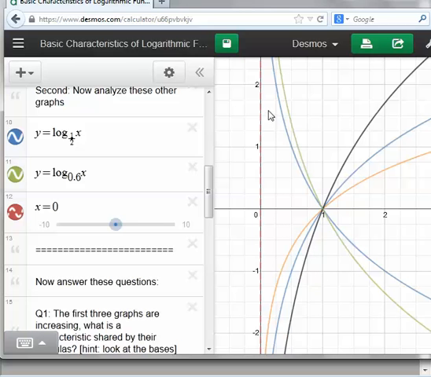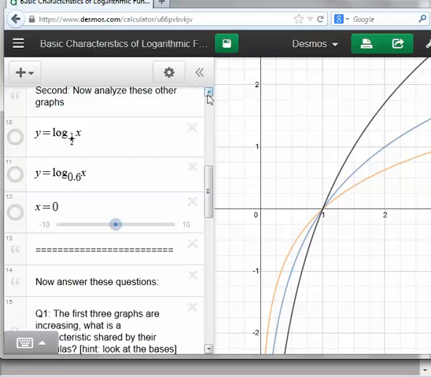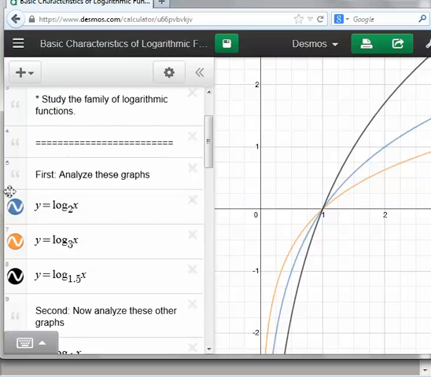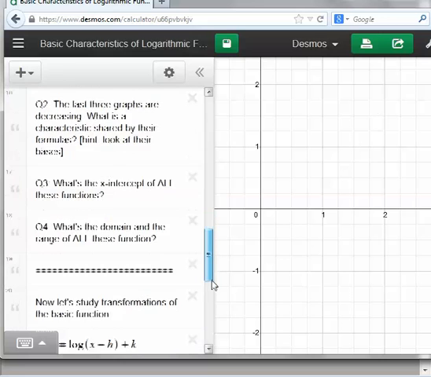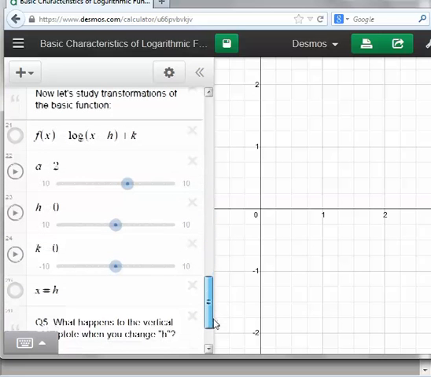Okay, now let's go and hide these functions and do some special transformations. Okay, in this case let me go to the bottom. Okay, so this is a general member of the family of logarithmic functions.